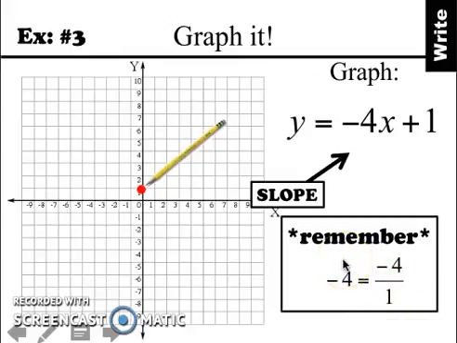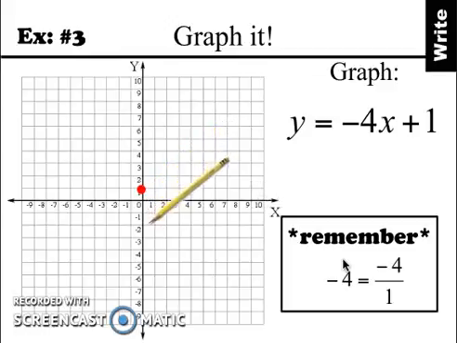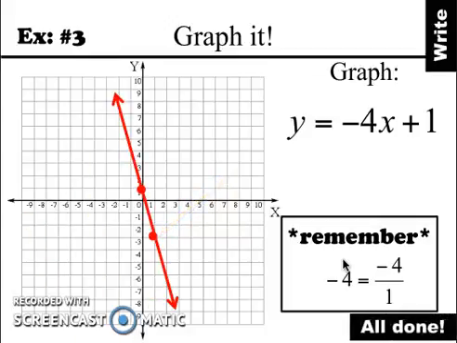So our slope is -4 over 1, which means that we're going to move 4 units down and 1 to the right. And there you go. You have your line.